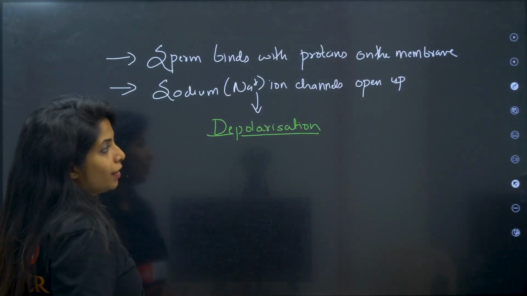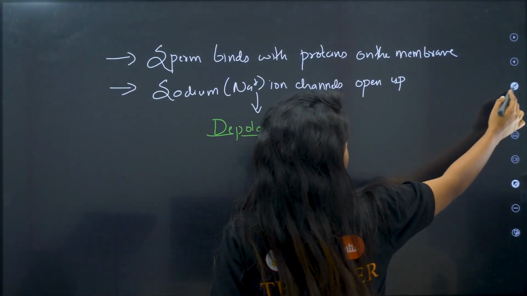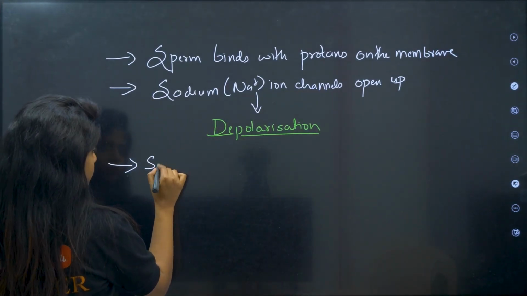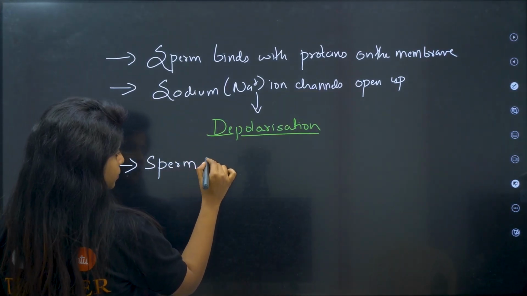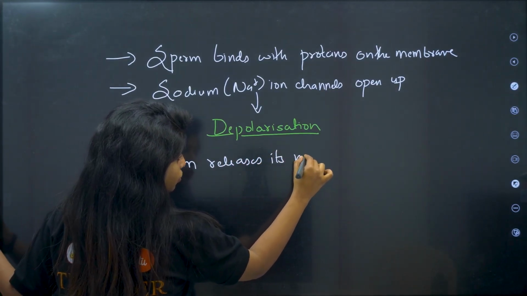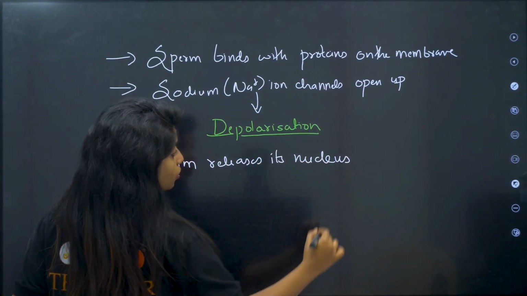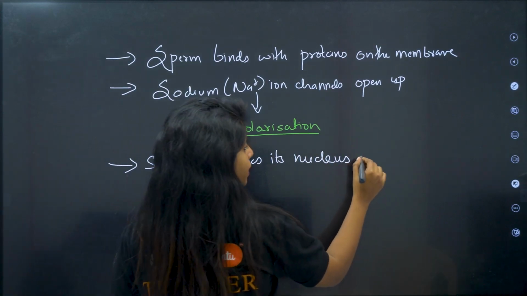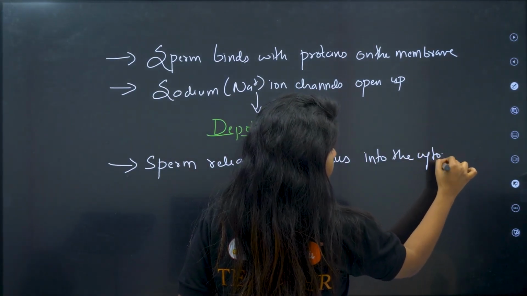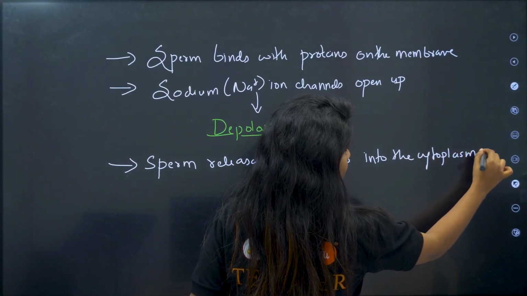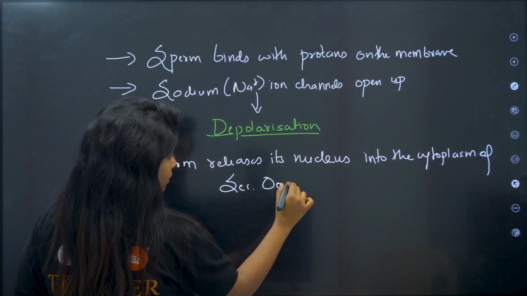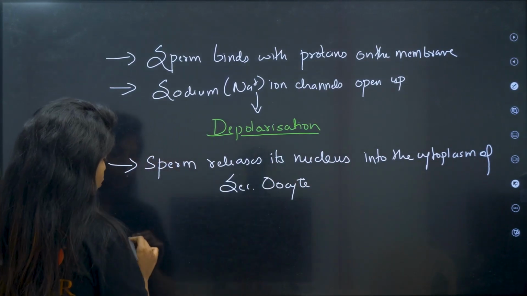Now this change will slowly make the sperm release its nucleus into what? Into the cytoplasm of the egg, into the cytoplasm of the secondary oocyte.